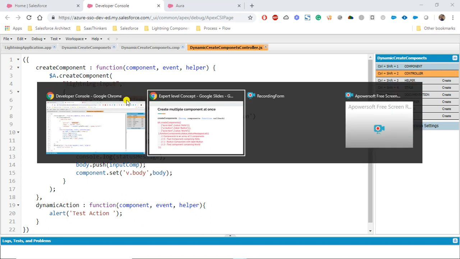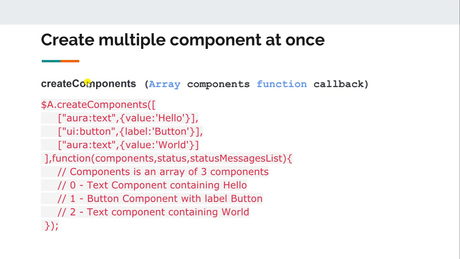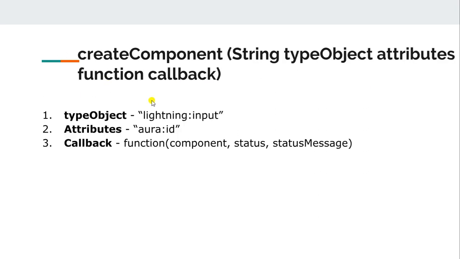So let's go ahead and see how we can create multiple components at once. Here is a simple example: createComponents takes two parameters instead of three. If you go back, you can see that createComponent uses three parameters: the type of the component we wanted to create, the attributes, and the callback function.